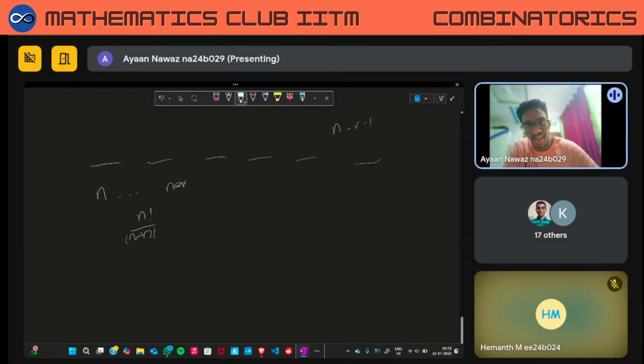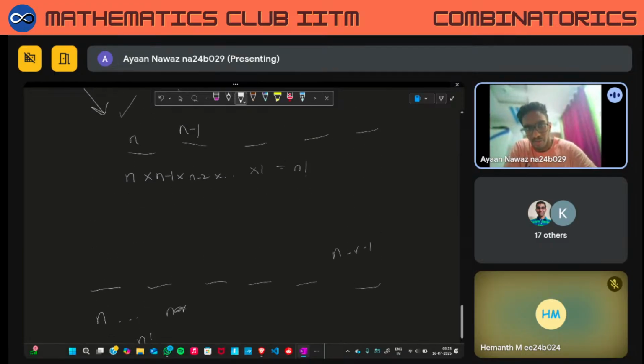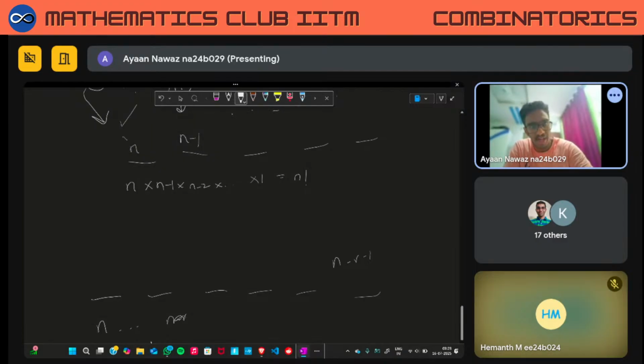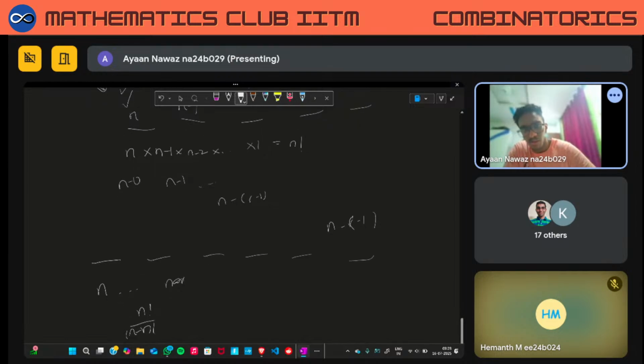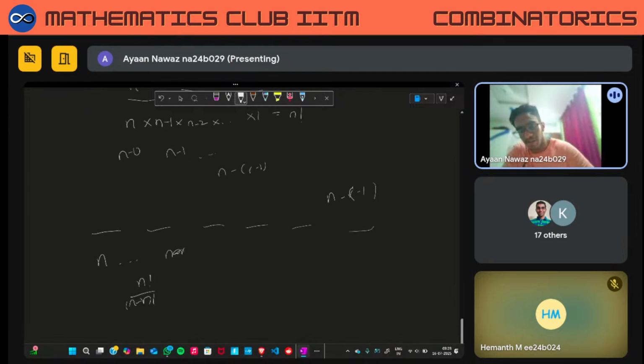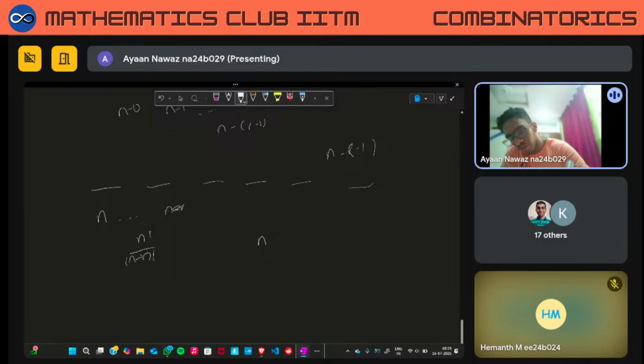Okay, so why is that? Because for one object, it is n minus 0. For 2, it's n minus 1. So for r, it will be n minus r plus 1. So the last place here will be n minus r plus 1. So that will be n into n minus 1 into and so on till n minus r plus 1. Right?